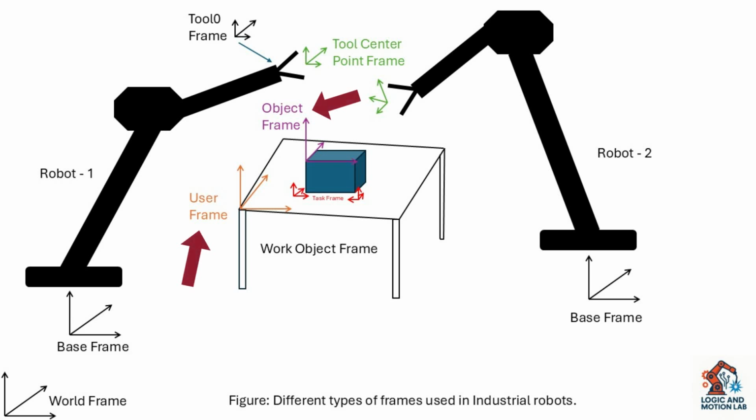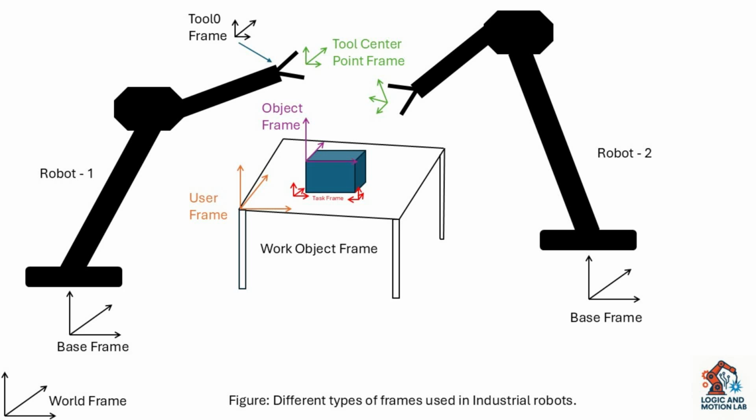Think like a conveyor, and on the conveyor multiple pieces are coming. When the workpiece is moving, the object frame is also moving together, and the robot can easily adjust its path to take that workpiece.